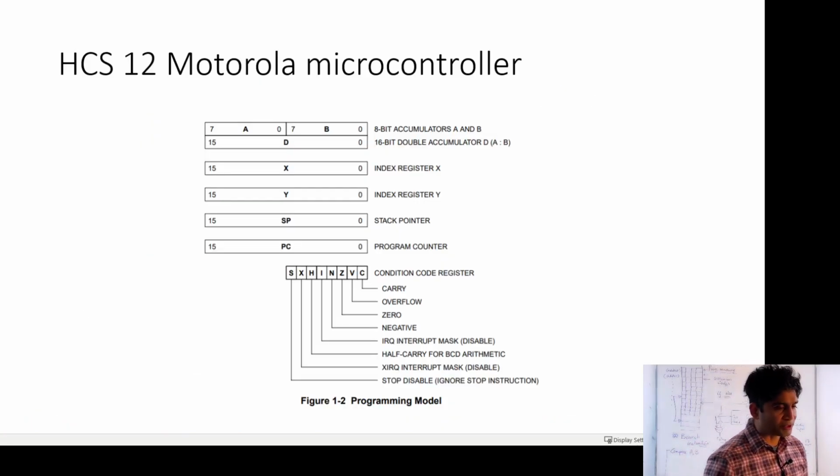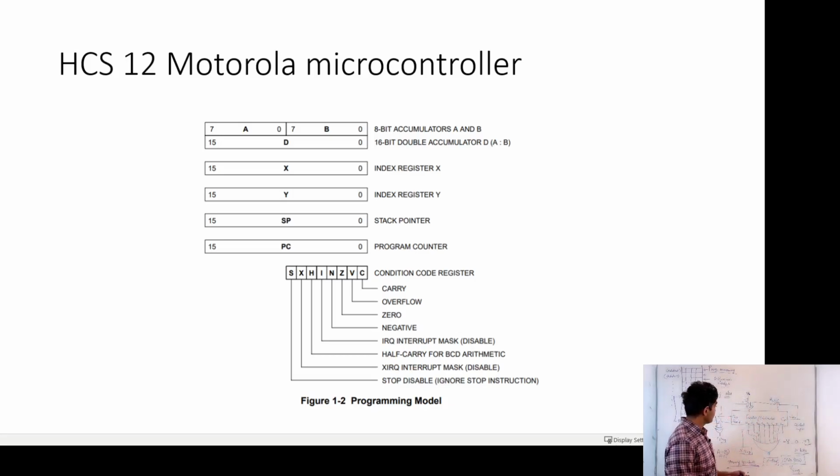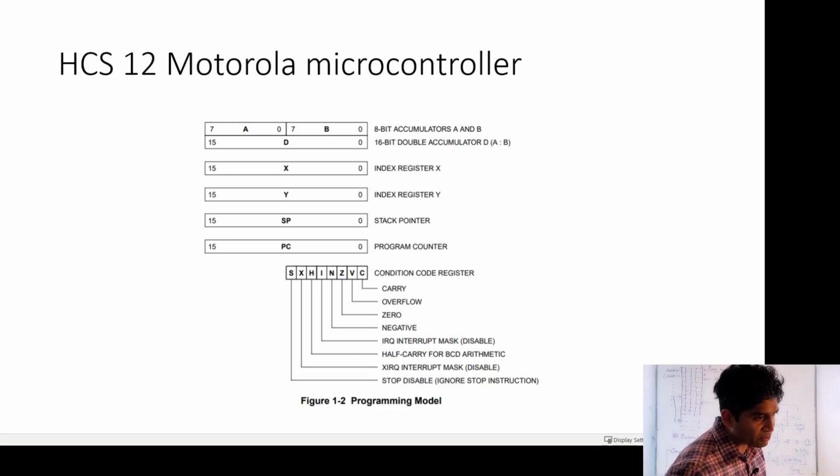So this is your condition code register that basically exists as a temporary memory location, if you will, within the CPU. Okay, and these are the different registers you have within the CPU that can hold 8 bits of data. In this case, A and B, X, Y. That's your stack pointer.